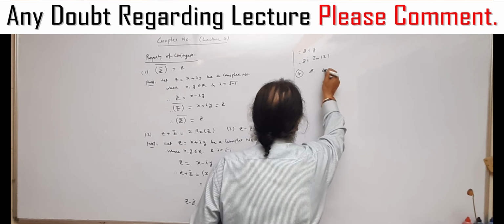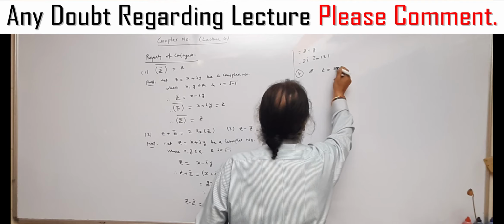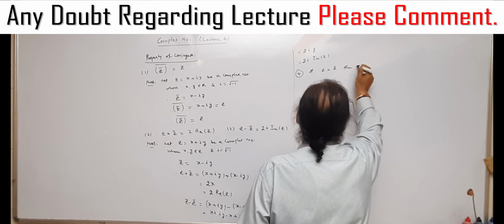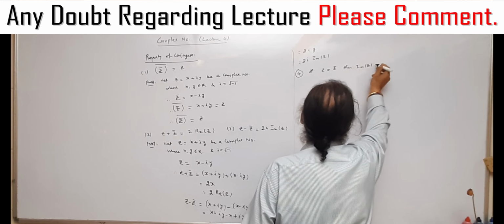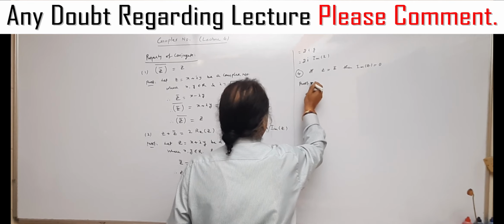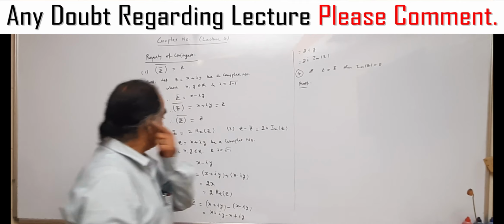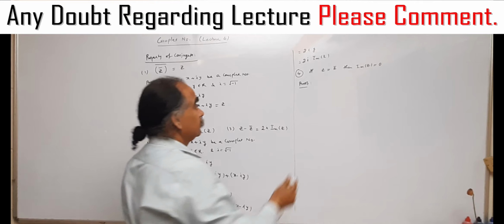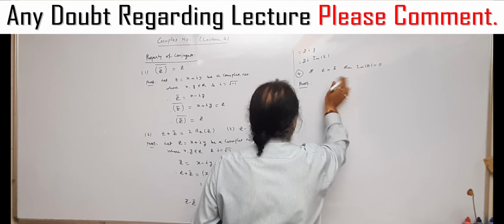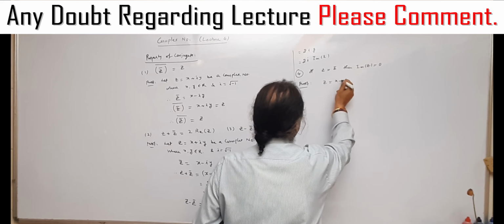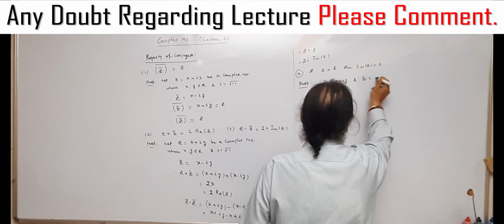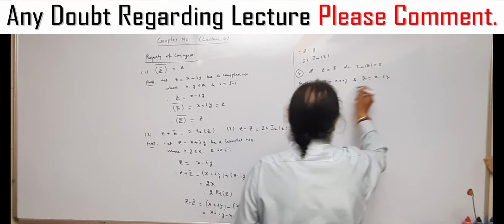If z is equal to z conjugate, then the imaginary part of z will be 0. See, z is x plus iy and z conjugate will be x minus iy.